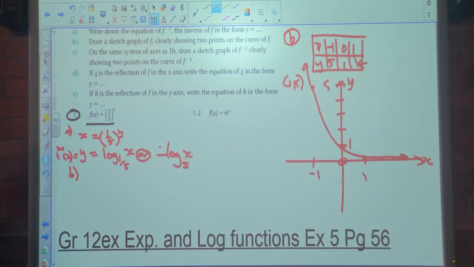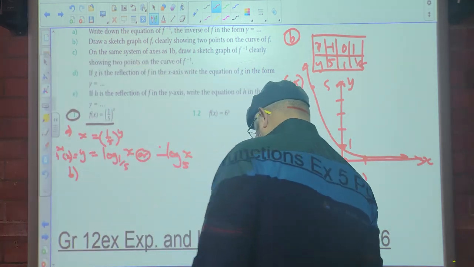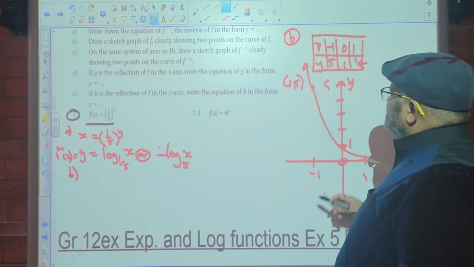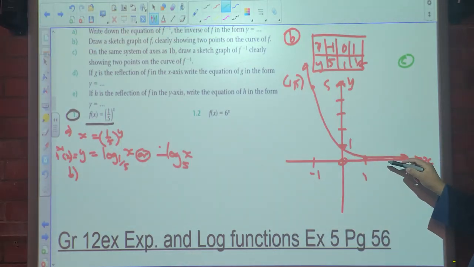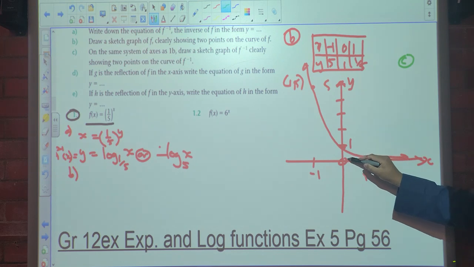C says on the same set of axes, as in 1b, draw the sketch of the graph of the inverse. So what do we do for the inverse? We interchange x and y, not so? So 1 and a fifth becomes a fifth and 1. 0 and 1 becomes 1 and 0.